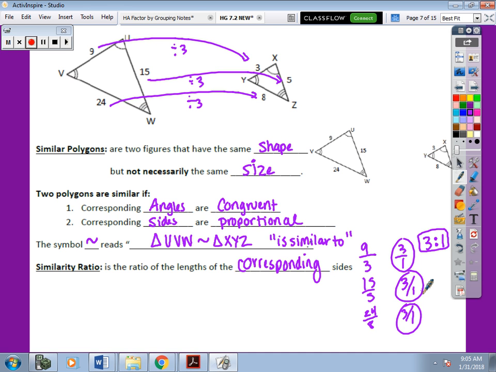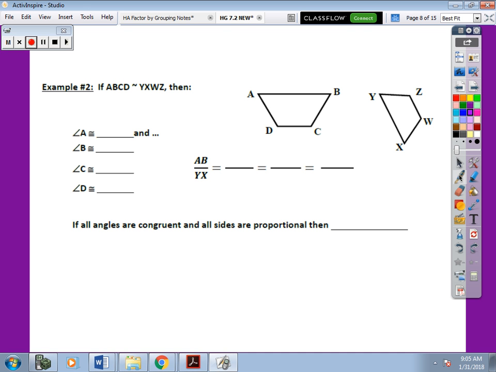All right, below, they give us a similarity statement. So what would give us the similarity statement? So again, the order of the letters makes a big difference. Angle A would be congruent to angle, no? No. Okay.